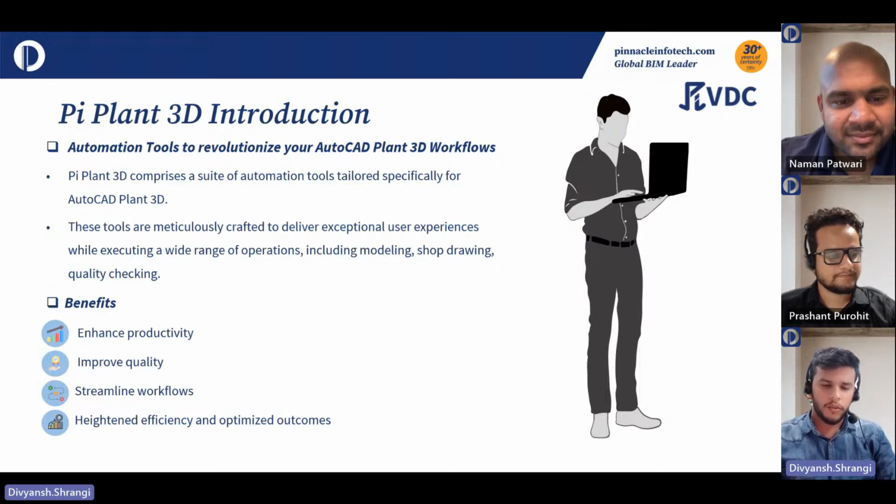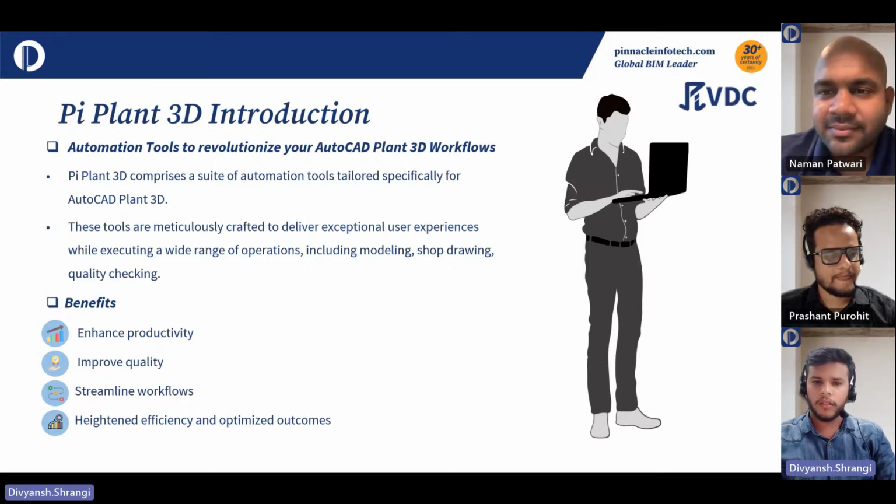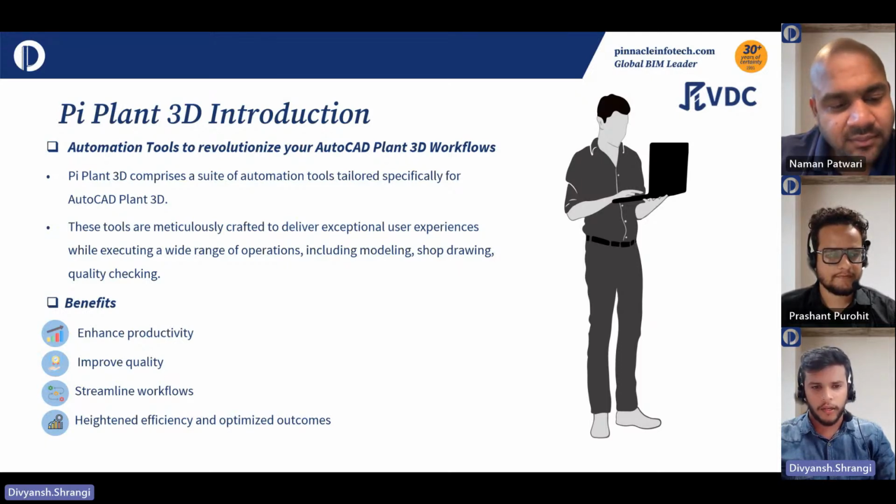This toolset comprises a wide range of automation tools specifically tailored for AutoCAD Plant 3D. The design of all these tools is specially tailored to ensure an exceptional user experience when doing modeling, shop drawing, data extraction, quality checking, and every operation which we follow in Plant 3D.